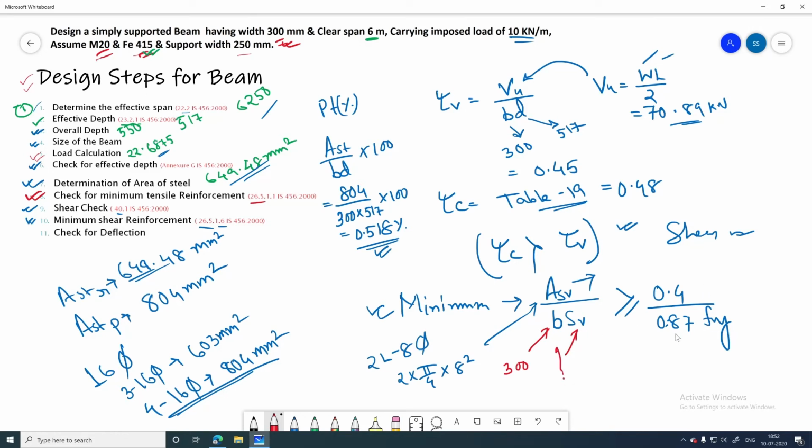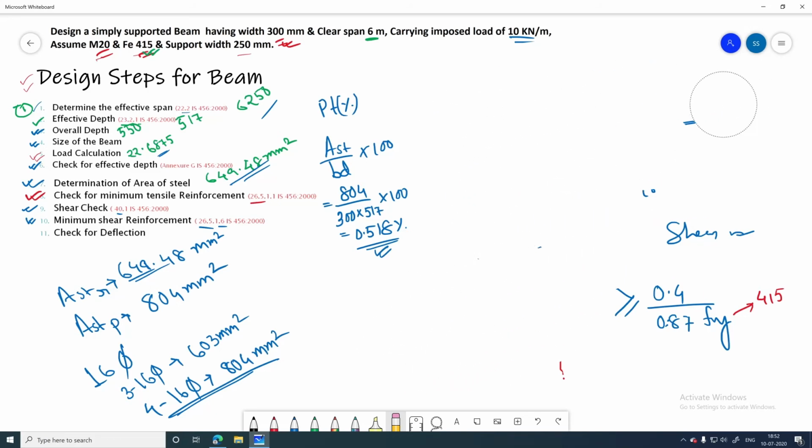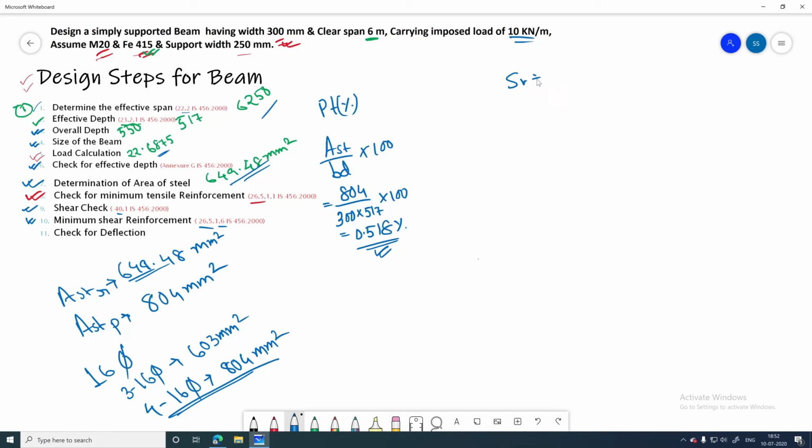Now 0.4, 0.87, and fy is 415. If you solve all these things, you will get the value of sv. If you solve that equation, you will get the sv value of 303 mm.